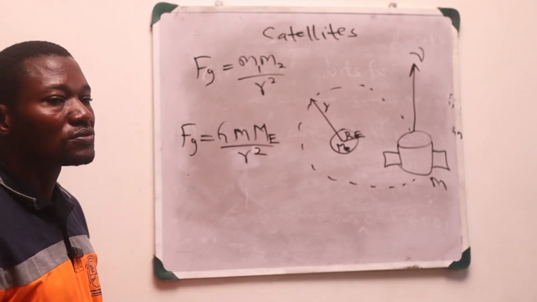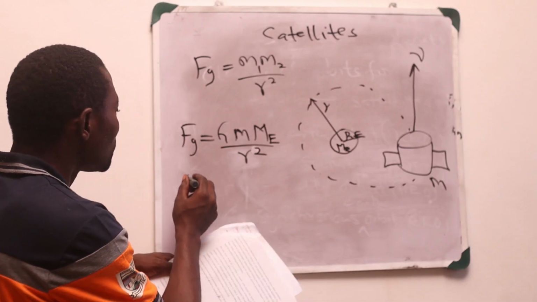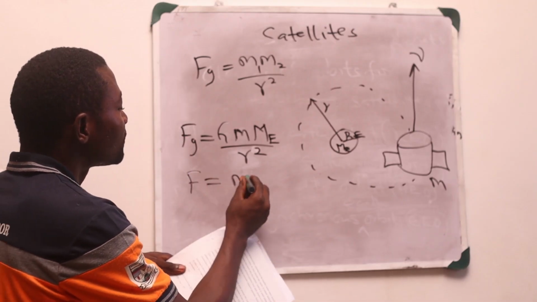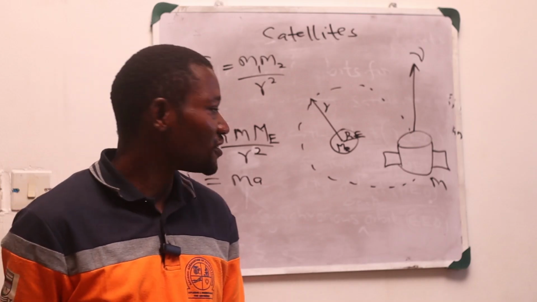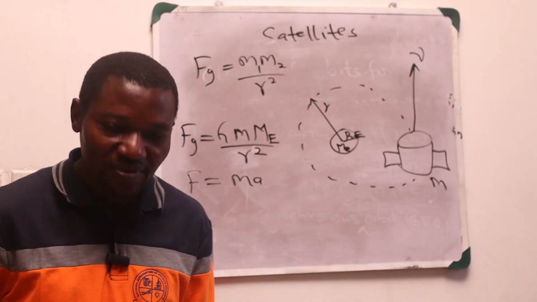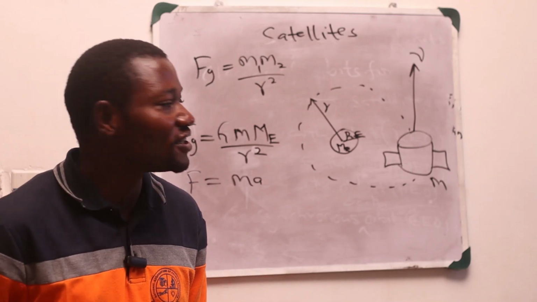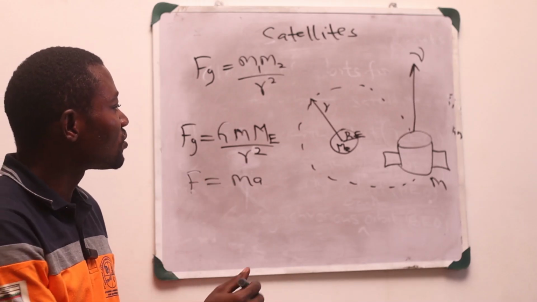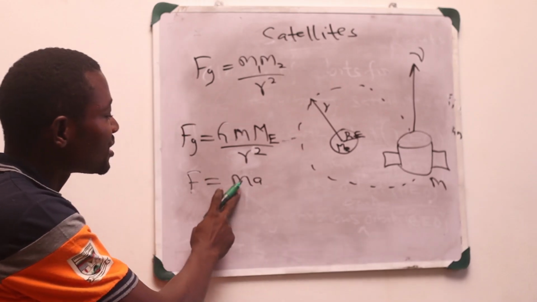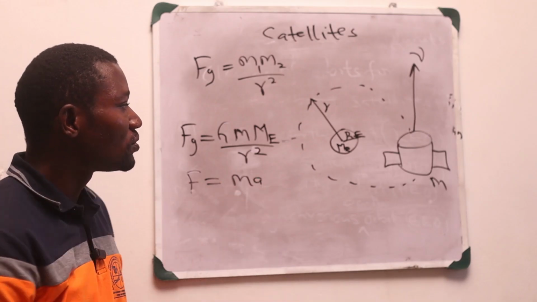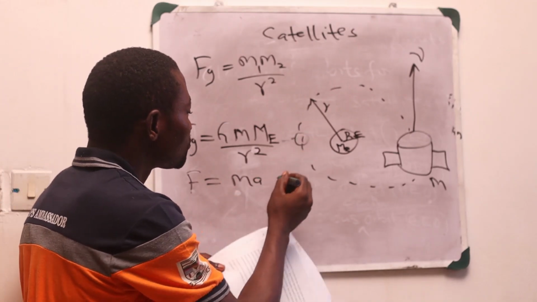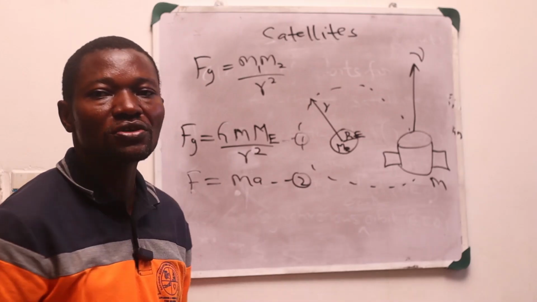But according to Newton's second law, we have that F is equal to ma. I hope you are not looking at the formula on my sheet because it's the same. So this is Newton's second law expressed mathematically as F equal to ma. So let's call this equation 1, this equation 2.